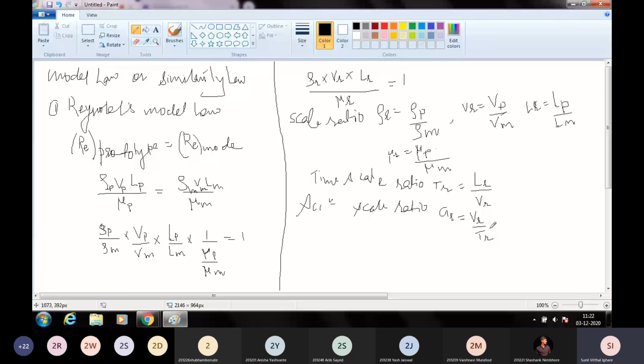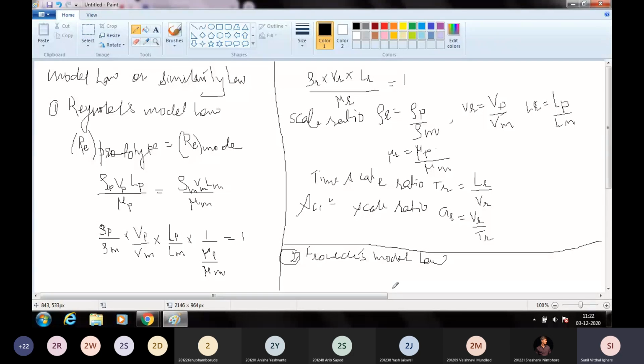In the same way, you have to write for the Froude model law. A few things are important in case of the Froude model law.